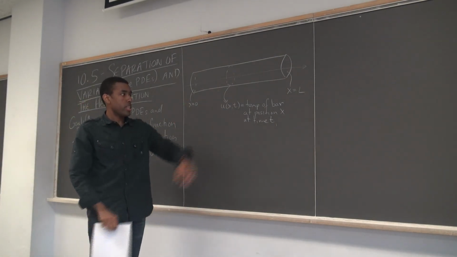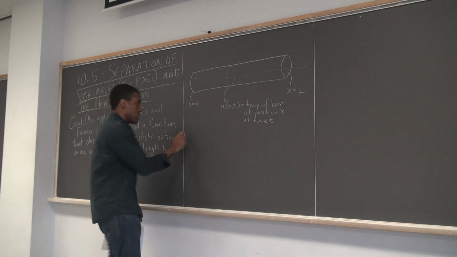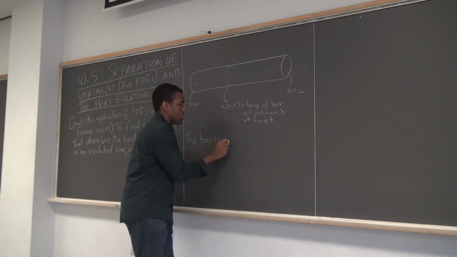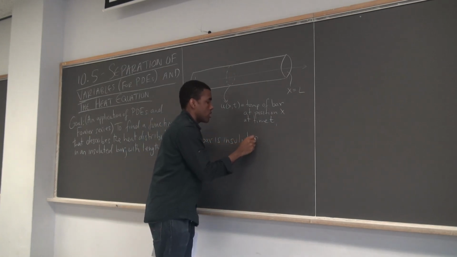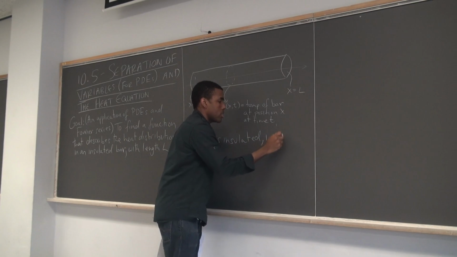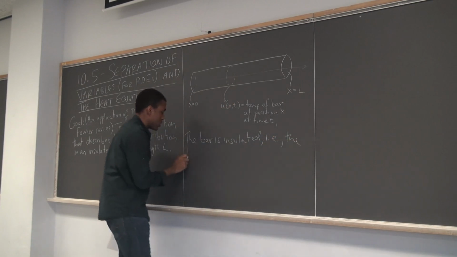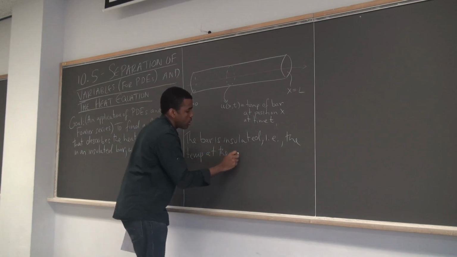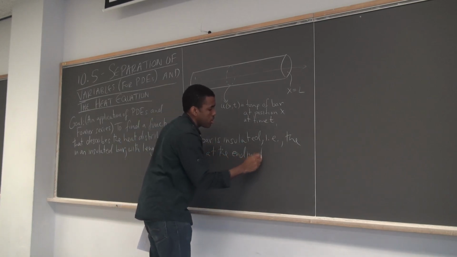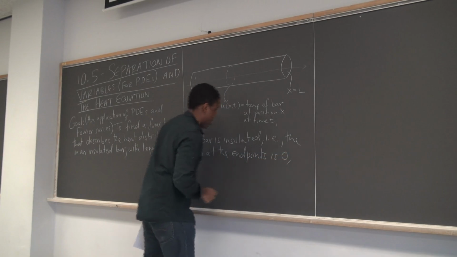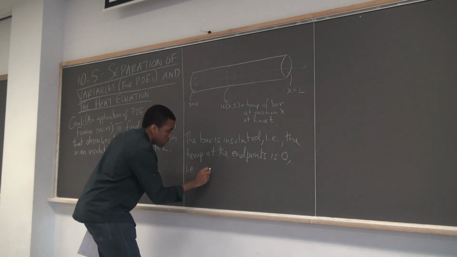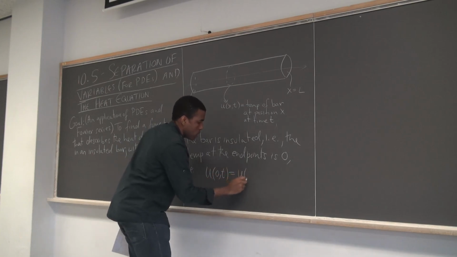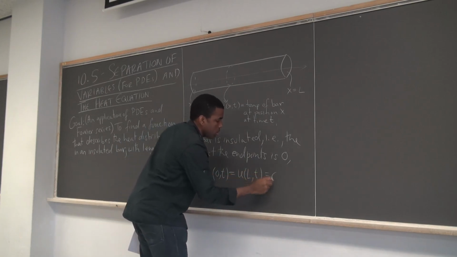So there's something of length L. We say the bar is insulated, i.e., the temperature at the endpoints is 0, i.e., u of 0,t equals u of L,t equals 0.